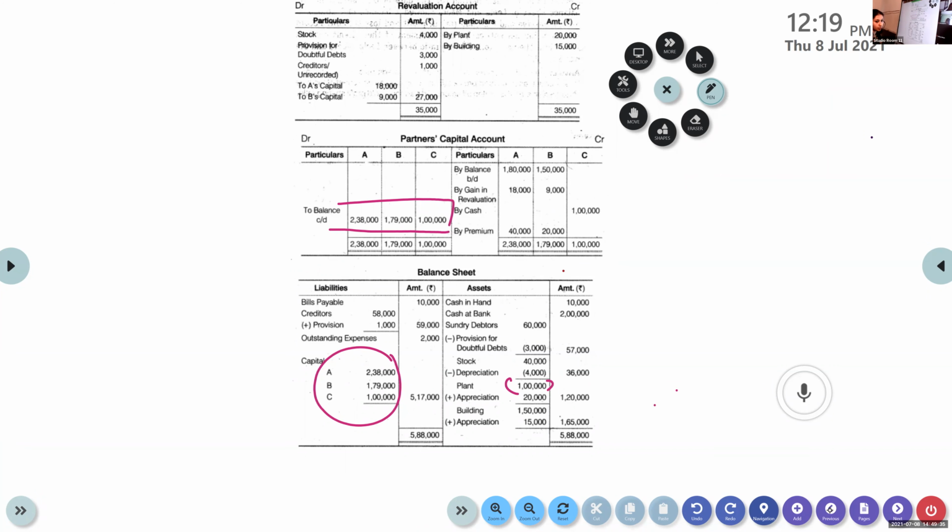Read the question, start with the problem. We'll start with the revaluation, preparation of accounts. Last, we'll do the journalizing part.